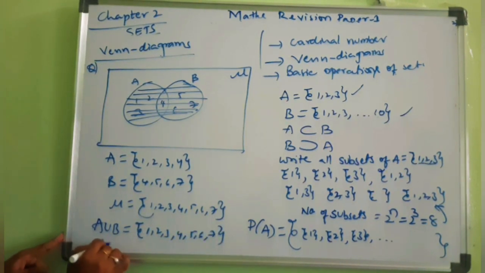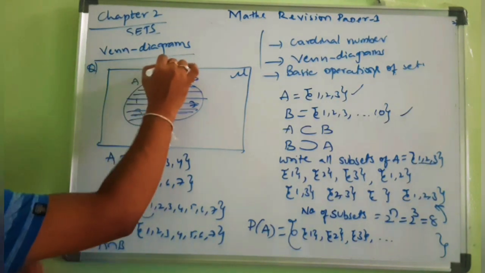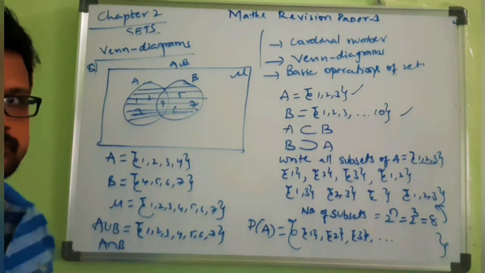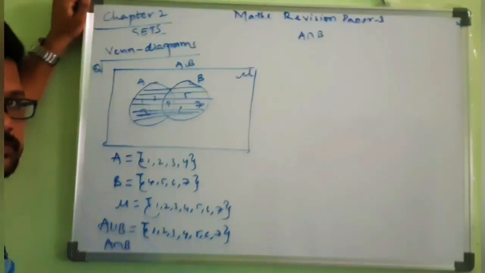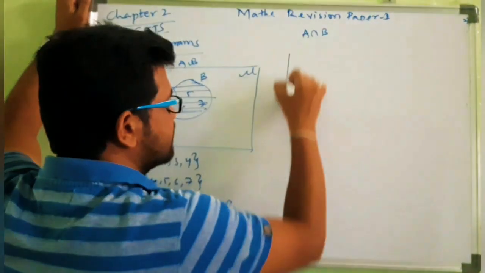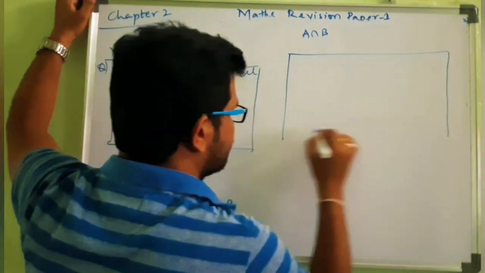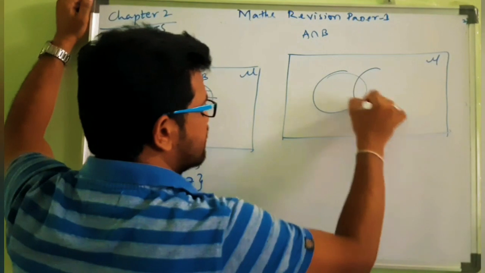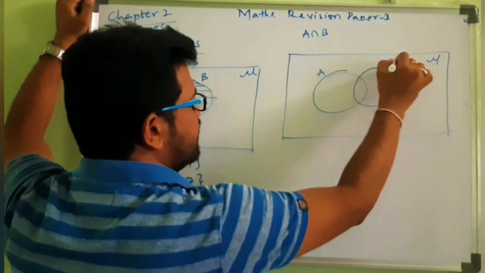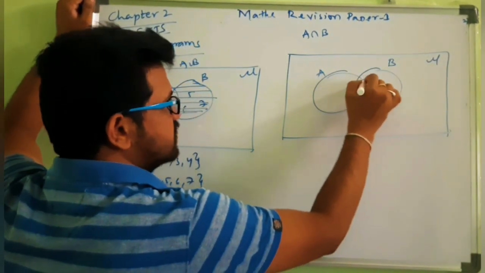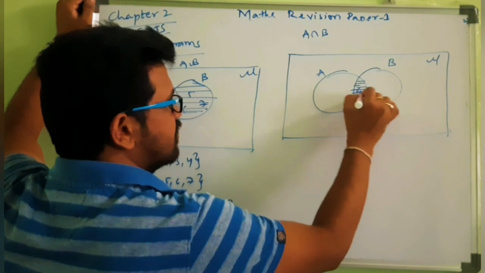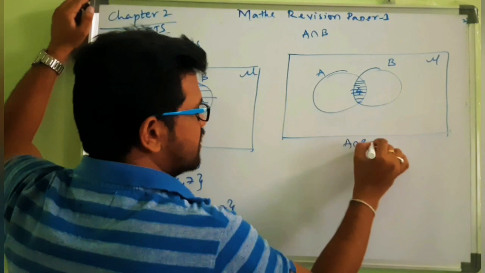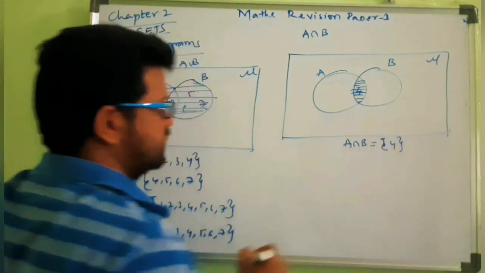Now A intersection B. The Venn diagram of A intersection B shows the universal set, A, B, and the element is 4. So A intersection B is equal to 4, like this.